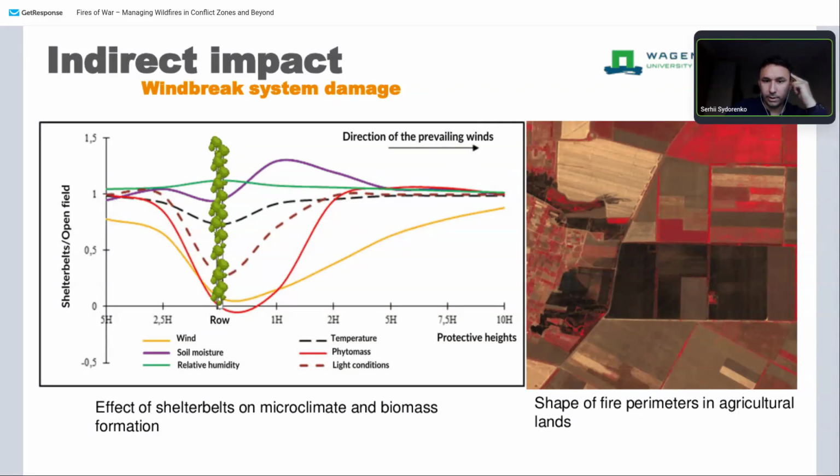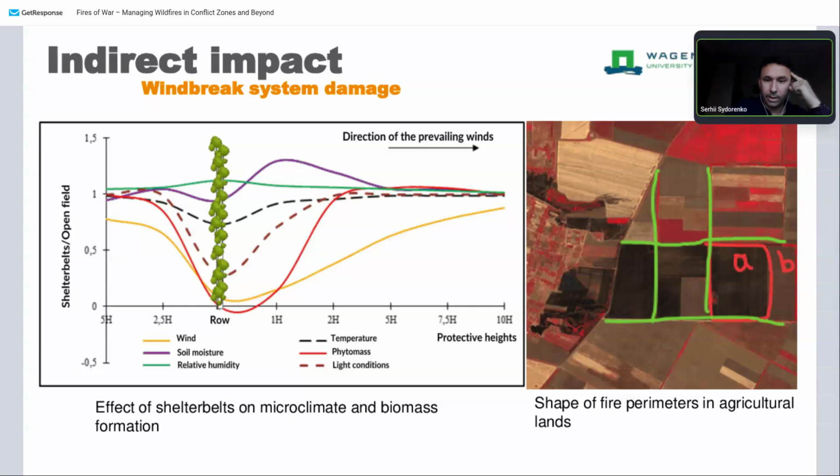And here you see this rectangular form of landscape fire. One reason for this can be different types of crops on field A and field B. But another reason is actually shelter belts, or windbreaks if you want.